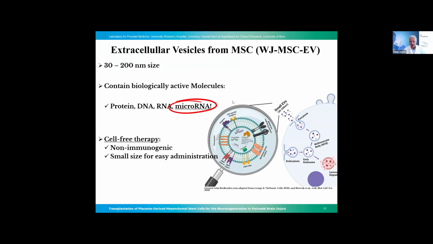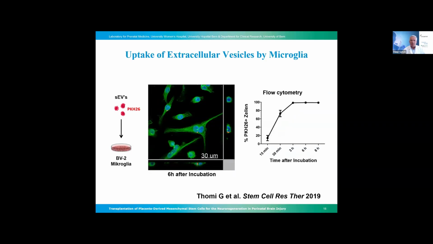We have specifically defined and characterized these microRNAs. We suppose that if we go in the direction of cell-free therapy using only these vesicles, there is less immunogenicity in allogenic treatment. And the second point is that small size usually means an easier way of administration.